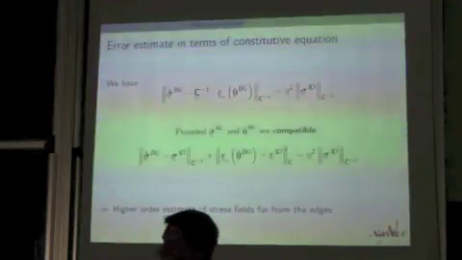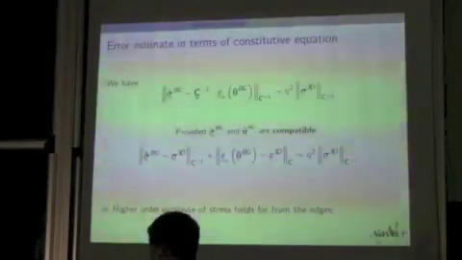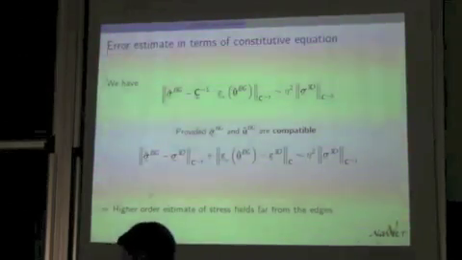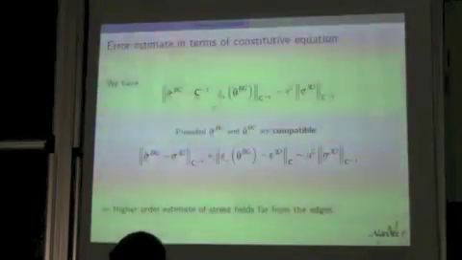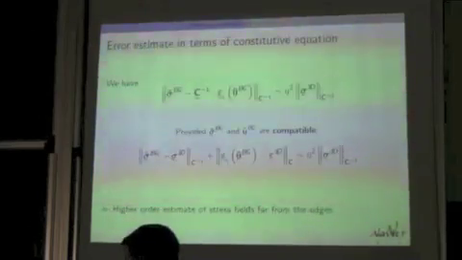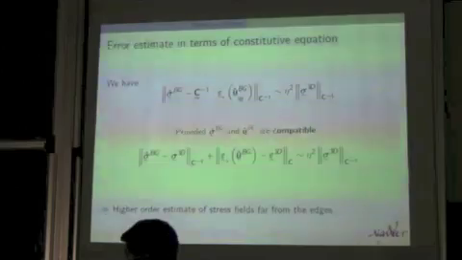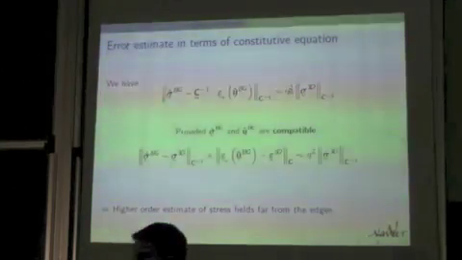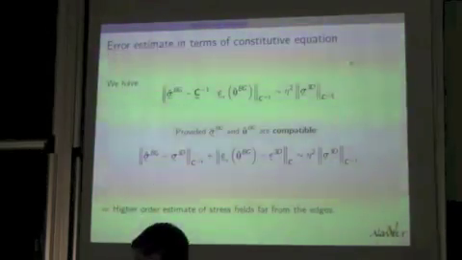So, assuming that I fulfill the boundary condition on the edge, okay, this is very common when we're in this situation. We have the following error. It turns out that if I compute the difference in terms of constitutive equation between the two approximations of the fields I've just suggested, I found out that it's proportional to the square of the small parameter times the norm of the leading order solution.